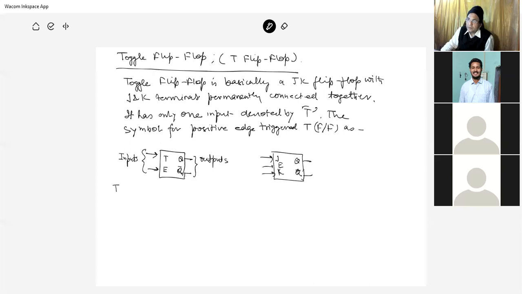Now the truth table. Now the truth table is, you see, input, output, comments.